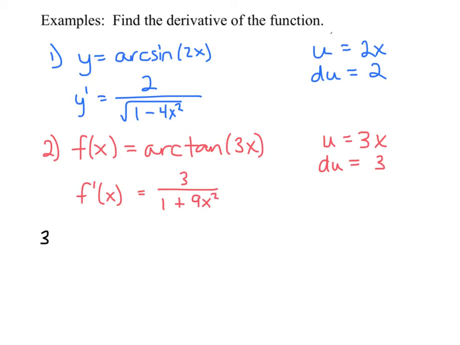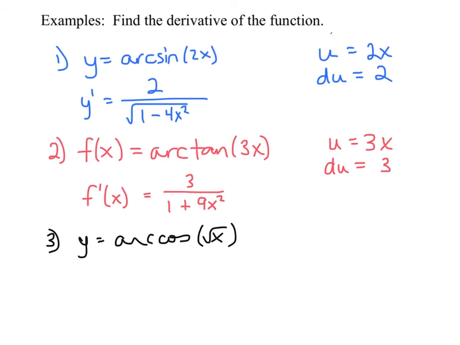All right, number 3. y equals arc cos of the square root of x. Let's identify our u, and as we do that, we want to use the exponent x to the 1/2. So we want to rewrite it with that exponent so that we can right away say that our du is 1/2 x to the negative 1/2. Let's put that into the formula.